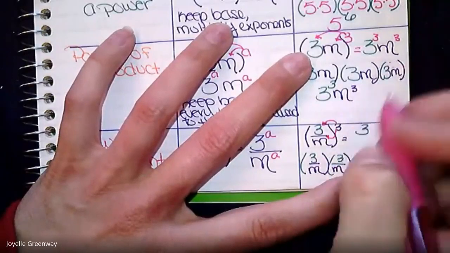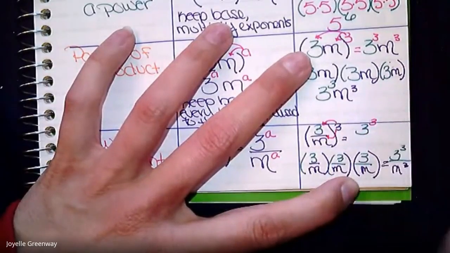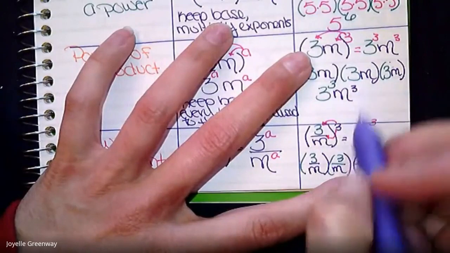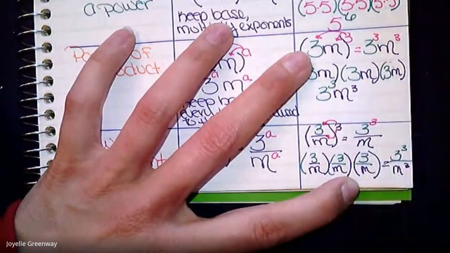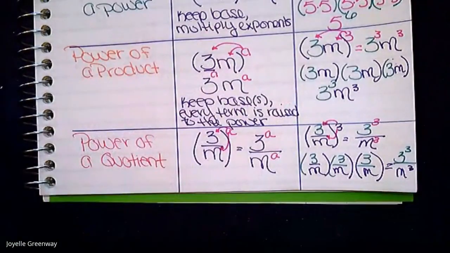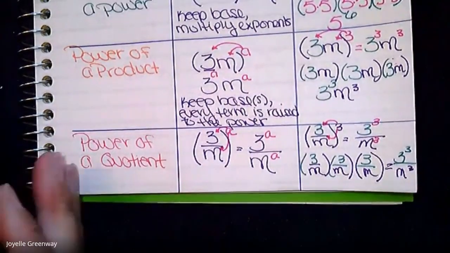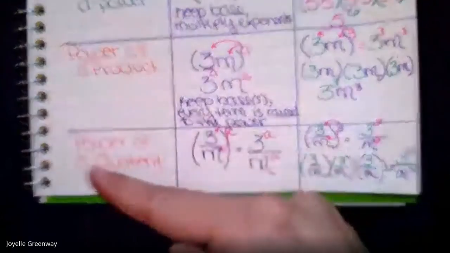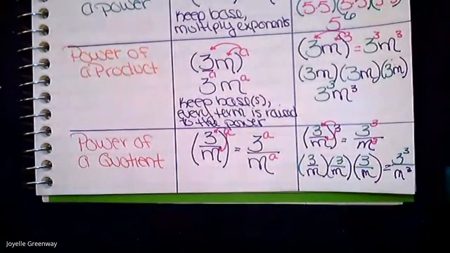It's not times 3, right? It's 3 to the third over m to the third. Okay? So that's your power of a product rule and your power of a quotient rule.